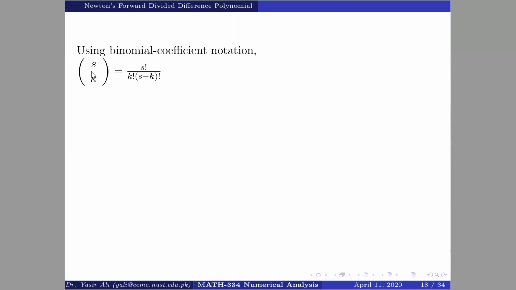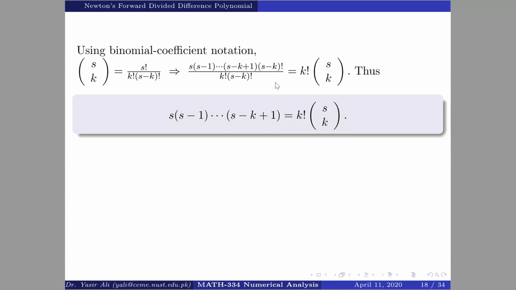The binomial coefficient, which we sometimes call nCr, in this case is s C k. s C k is s factorial divided by k factorial into s minus k factorial, which simplifies in this form. So our s into s minus 1 kind of terms become k factorial into s C k.